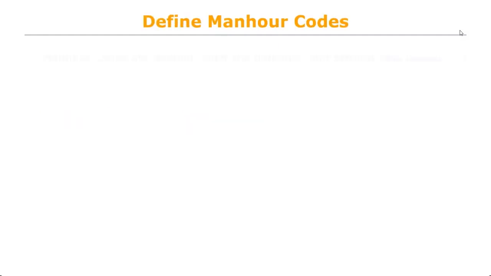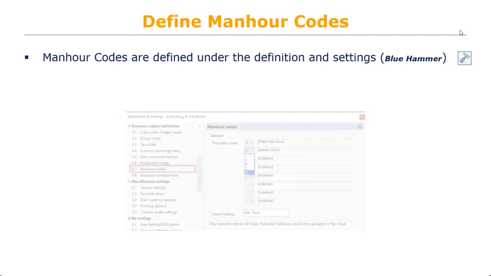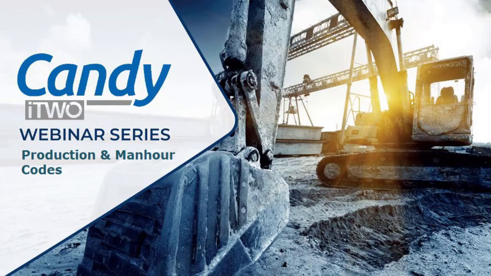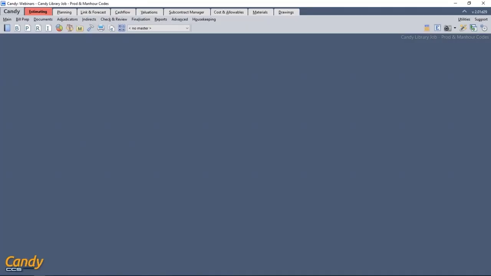How to define man-hour codes? Man-hour codes are defined under the definitions and settings, also known as the blue hammer. I will now switch back to Candy and demonstrate.